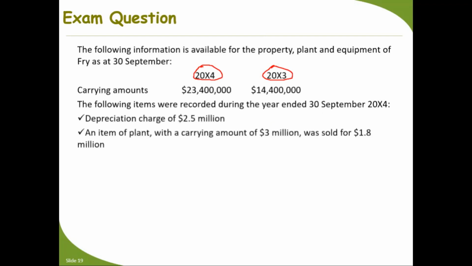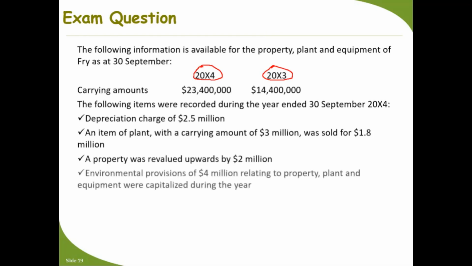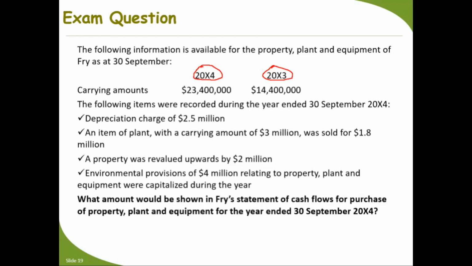An item of plant with a carrying amount of $3 million was sold for $1.8 million. A property was revalued upward by $2 million. Environmental provision of $4 million related to PPE was capitalized during the year. What amount would be shown in the cash flow statement for purchase of PPE? So this is against addition.